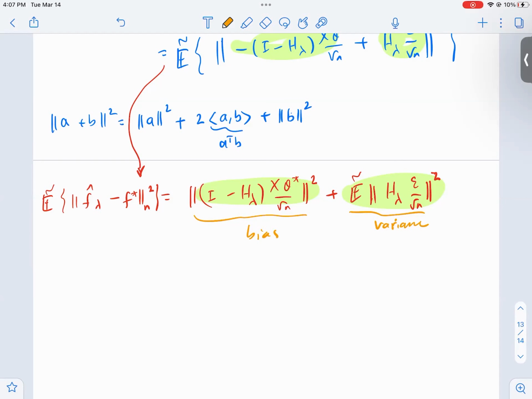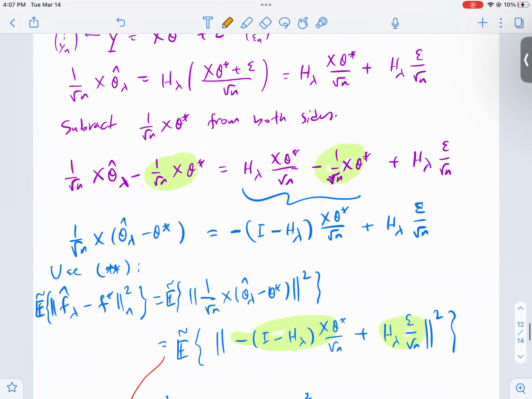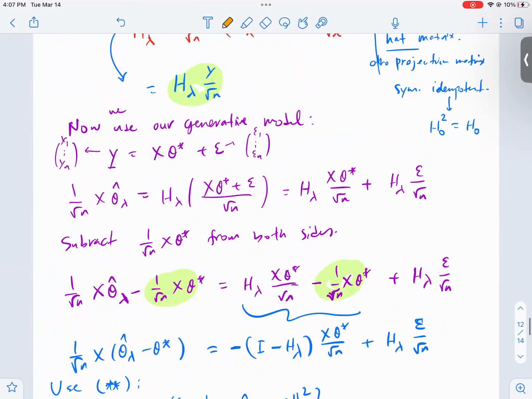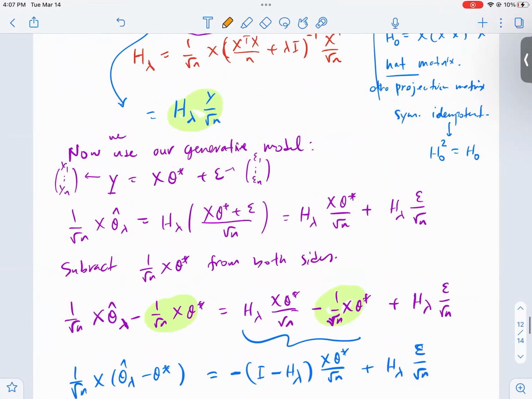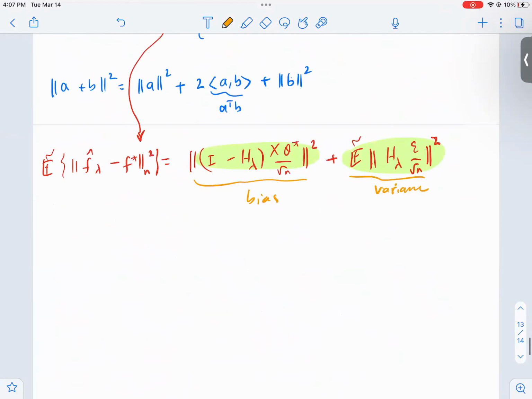It's not hard to see that if lambda is 0, you would get this H naught here. So you get this projection matrix. And so if lambda is 0, then I minus H lambda would be I minus H naught. So that bias term, something interesting happens to it.